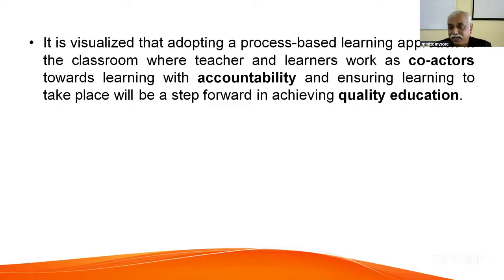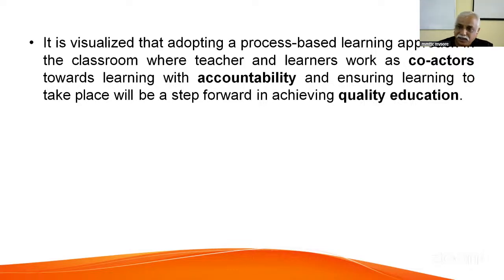So whatever we are trying to visualize as a learning outcome is adopting a process-based learning approach. Here they are not going to consider other approaches as we have seen earlier. We are focusing more on the process-based learning approach. That means your learning gives more emphasis to the process of learning than the product of learning.